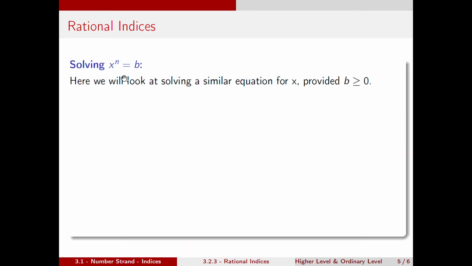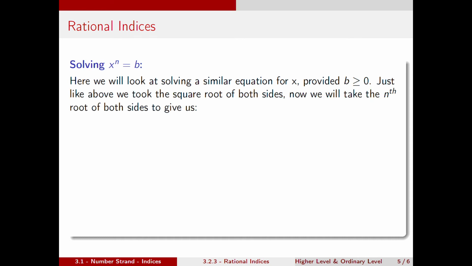So solving x to the n is equal to b, we'll look at a similar equation for x, provided in this that b is greater than or equal to 0. In the above we took the square root of both sides, but now we're going to take the nth root of both sides. So x to the n equal to b now becomes x is equal to the nth root of b.